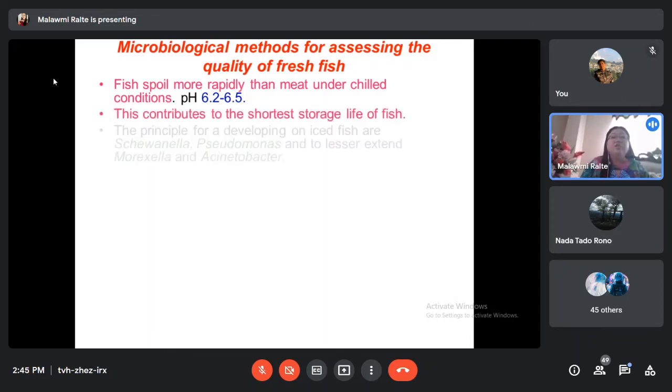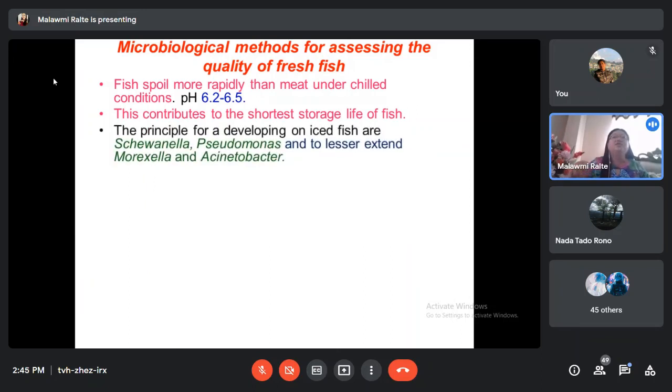Because of this, fish has the shortest storage life compared to egg, meat and chicken. In the case of meat, the pH is 7 to 7.2, and it is on the alkaline side, isn't it? But for the fish, it is 6.2 to 6.5. Even egg is 6.8, so fish does not reach the pH of the egg either.